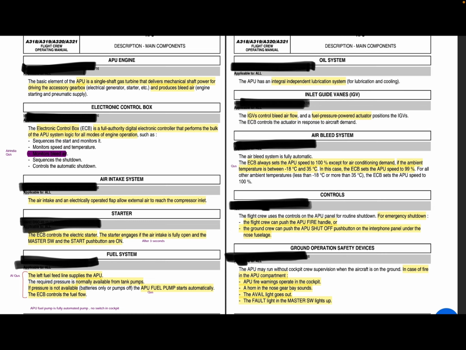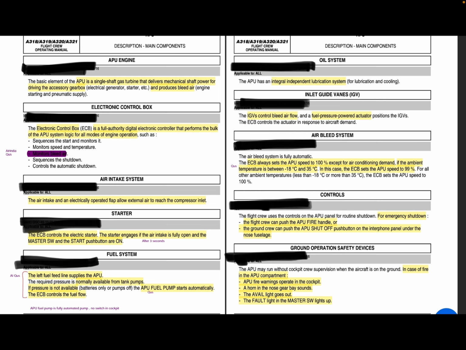Oil system. APU has an integral independent lubricating system, its own lubricating system as engines have. You can watch my videos on engines, it will be clear there. We have IGVs, inlet guide vanes. What do IGVs do?